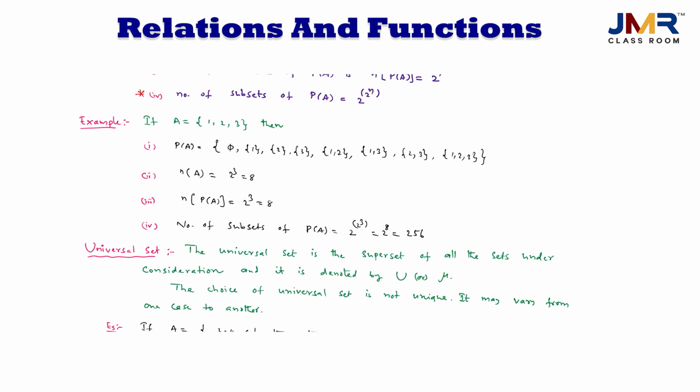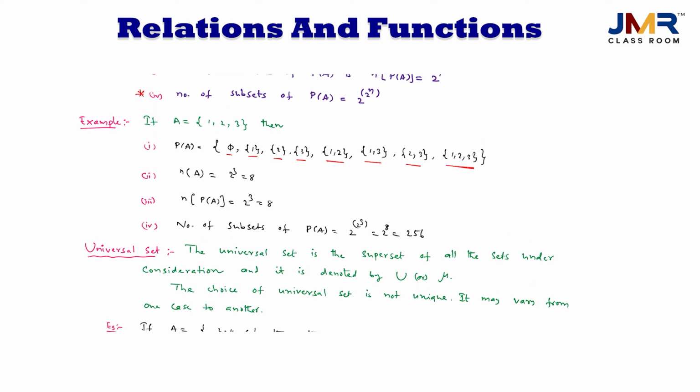One example, if A equals {1, 2, 3}, then P of A, the power set, means null set, {1}, {2}, {3}, {1, 2}, {1, 3}, {2, 3}, and {1, 2, 3}.